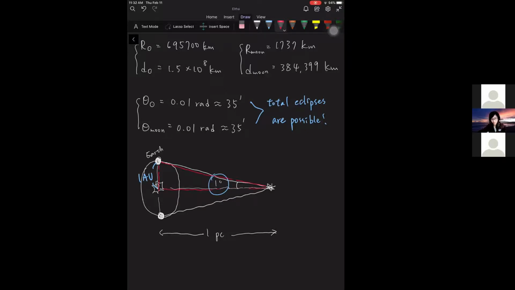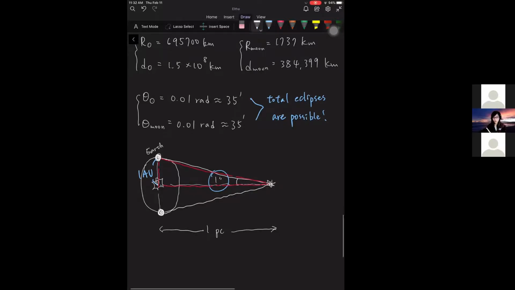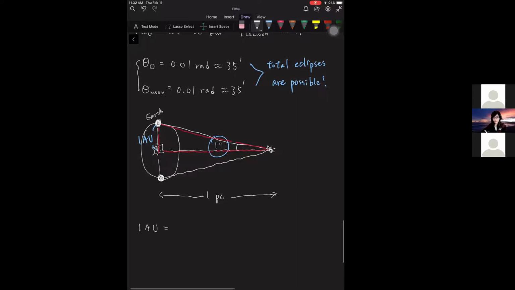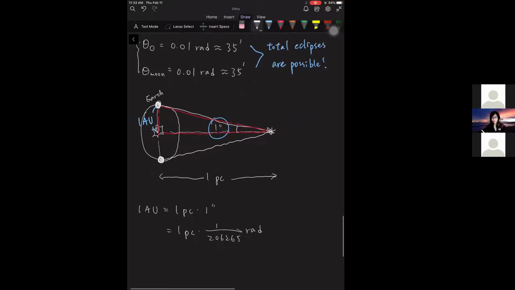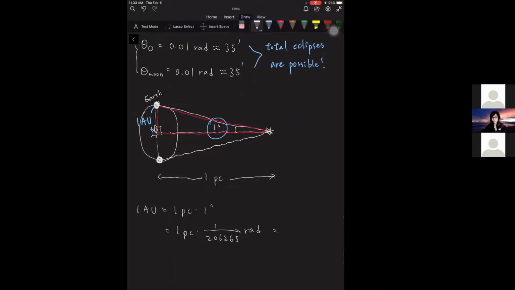Then with the small angle approximation, we will get 1 AU is simply 1 parsec times 1 arcsecond. And since 1 arcsecond is 1/206,265 radian, that's why we will get 1 parsec is this number of AU. Okay.